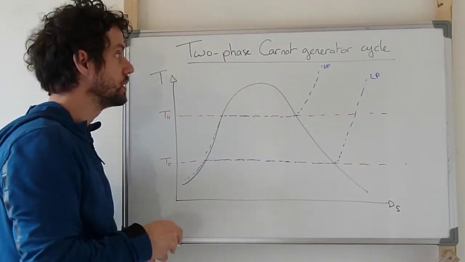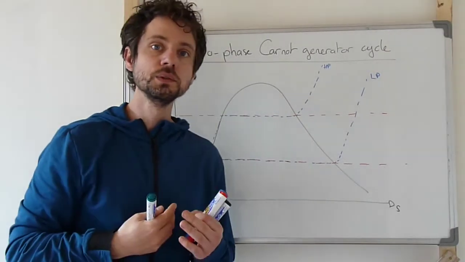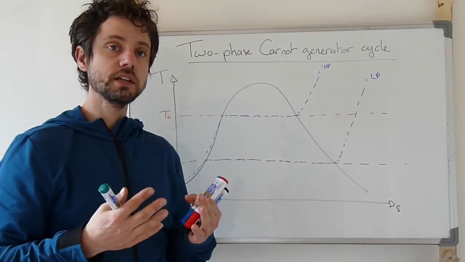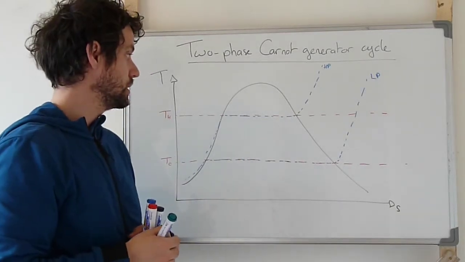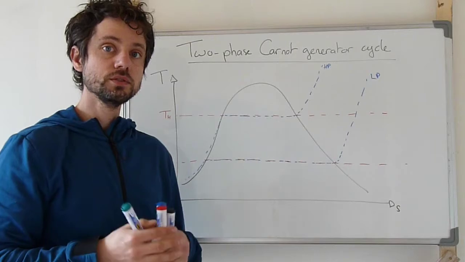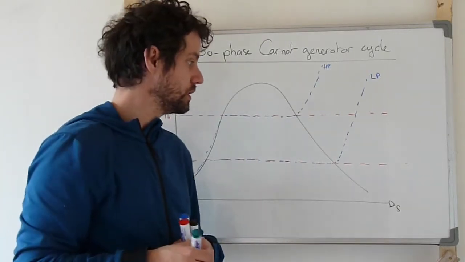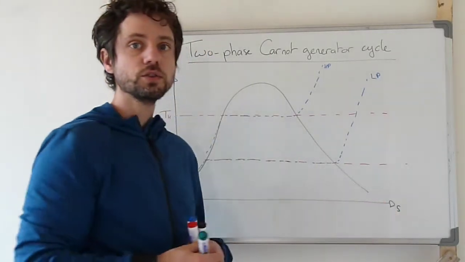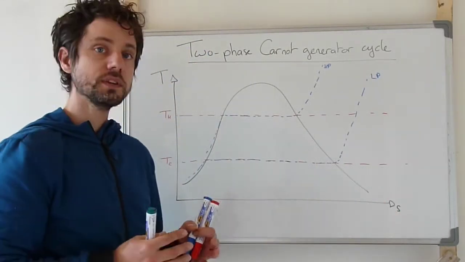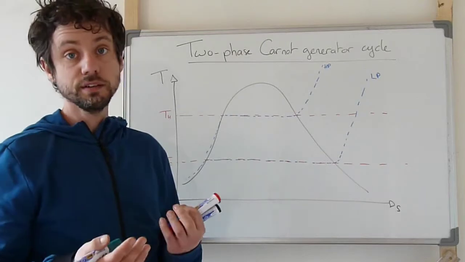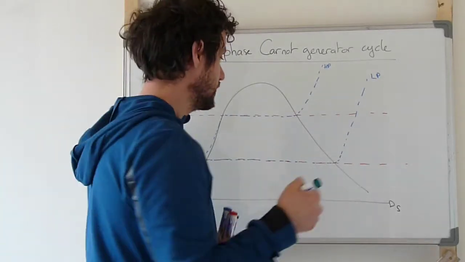And so the Carnot cycle has two transformations at constant temperature and two transformations at constant specific entropy. Because the specific entropy corresponds to the x-axis, we can define two specific entropies.